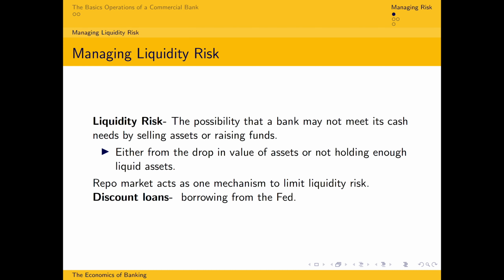And the biggest way that liquidity risk is mitigated is through the repo market, as I mentioned. When a bank is worried that they're going to have problems because their assets have dropped in value too much, and so they have to dip into their illiquid assets, they'll enter into the repo market, get this loan, and then unwind their illiquid assets to a point where they have enough liquidity and then sell the asset back through the repo market.